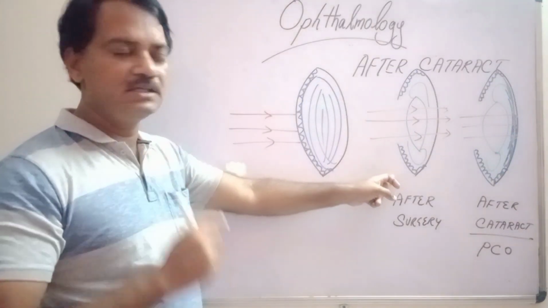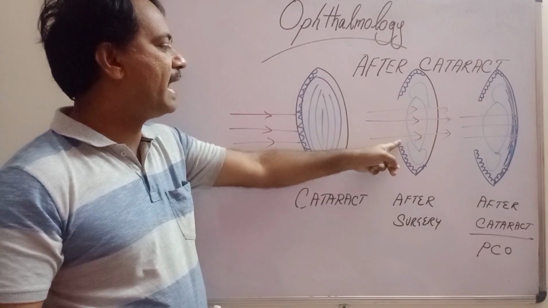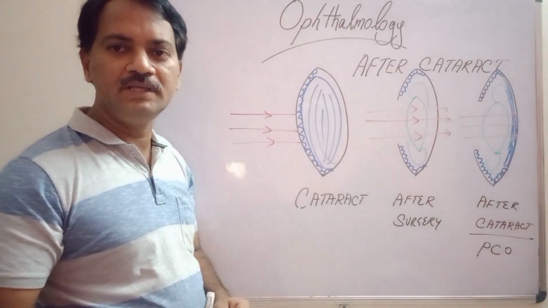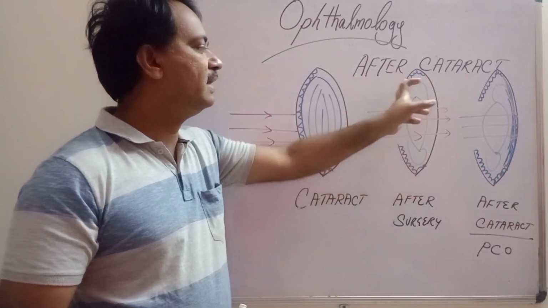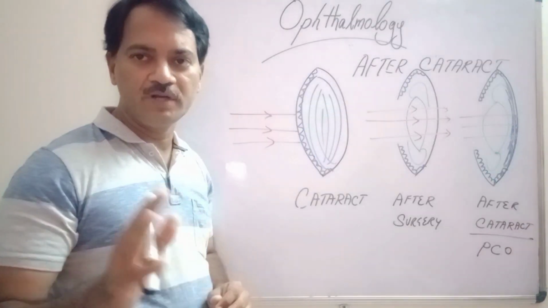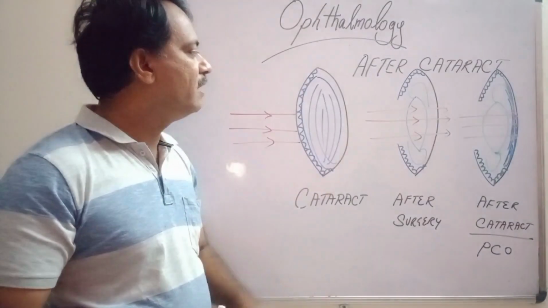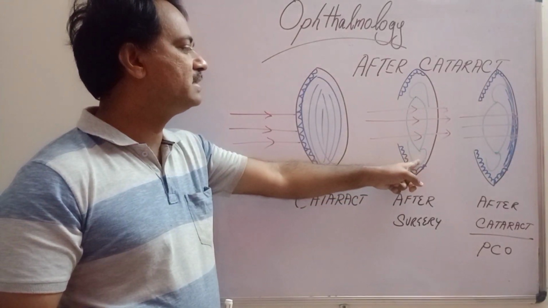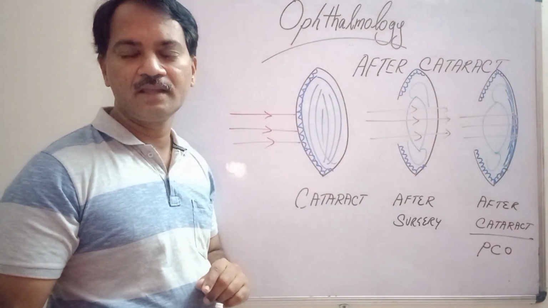In the cataract surgery, we make an opening in the anterior capsule of the lens. We remove all the lens fibers and nucleus which are cataractous. Everything has been removed. We place the intraocular lens, which is drawn in green color, inside that.